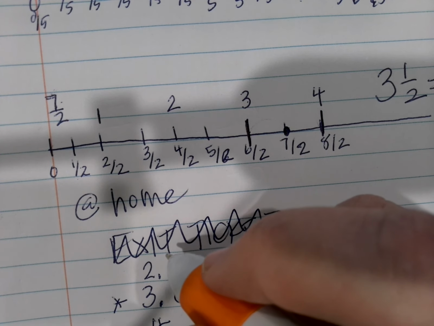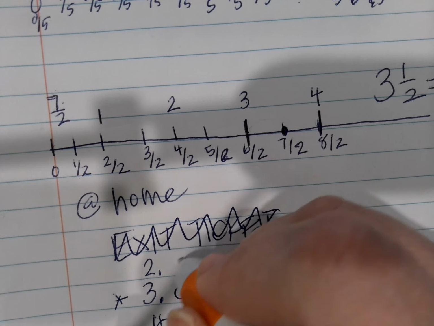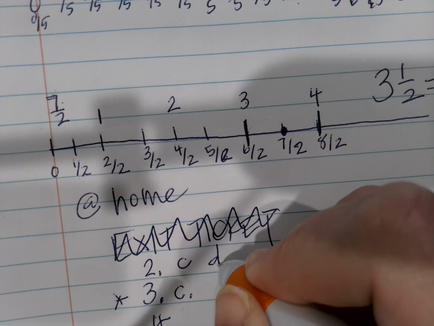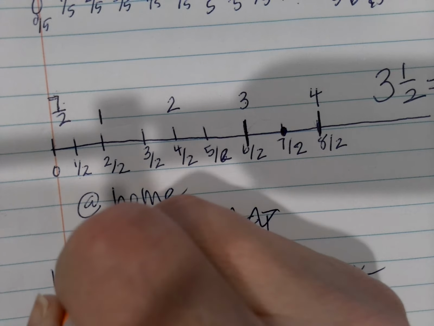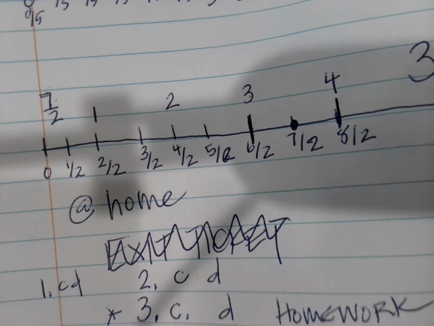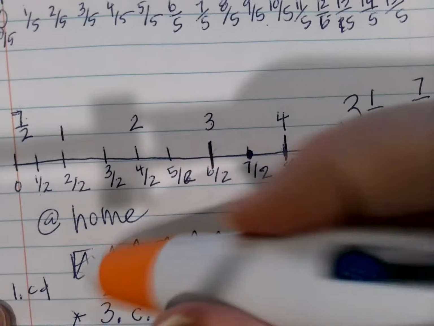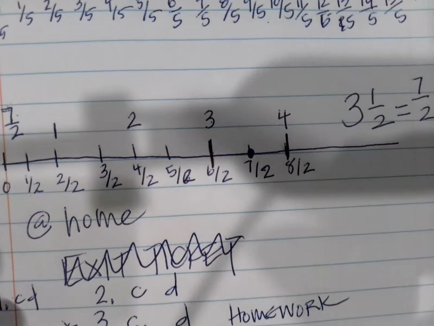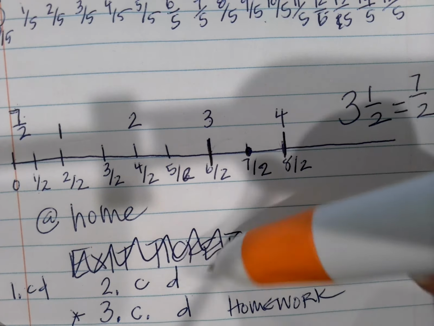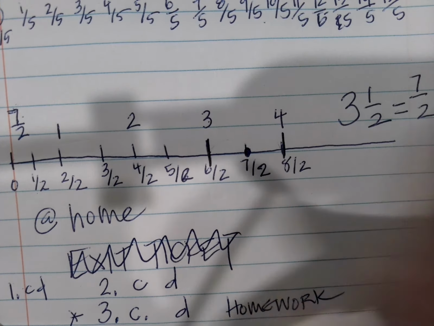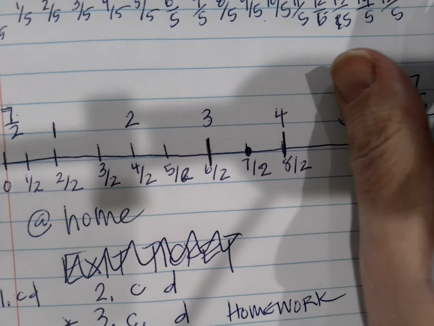Let's see. C and D. Okay, so here's your assignment. It's 7 problems. You are doing 1 C and D, 2 C and D, 3 C and D, and 4. So that is your assignment.